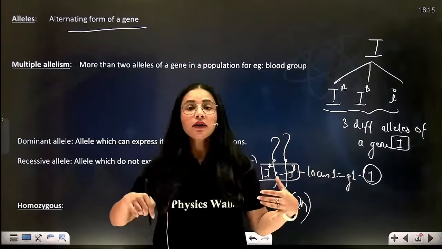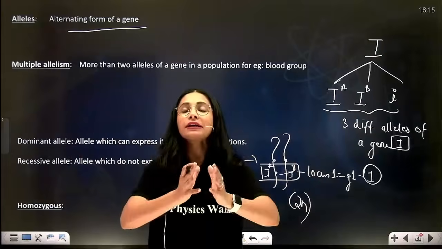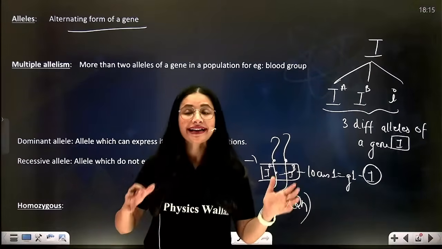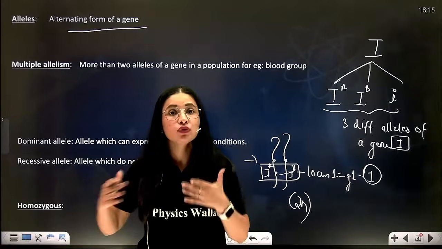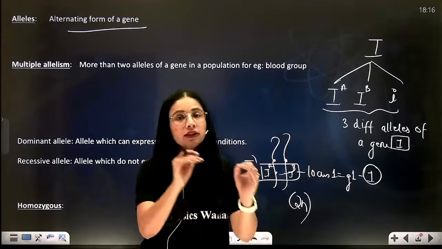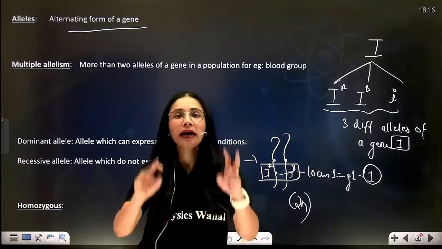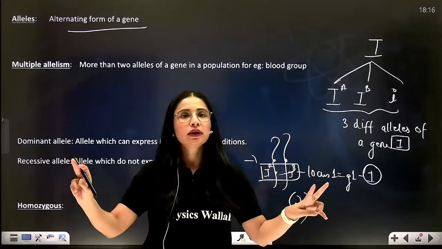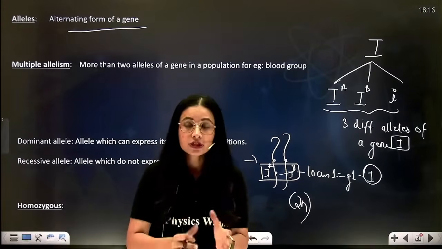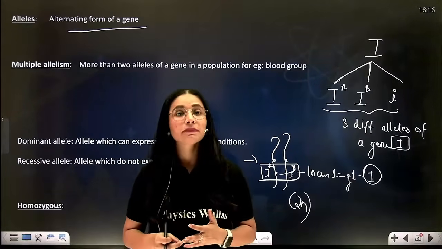So different individuals, together we make the population. In a population, a gene can be represented by more than 2 alleles. However, in a diploid individual, that gene will only be represented by any 2 alleles. They can be the same, they can be different. This concept is known as multiple allelism.